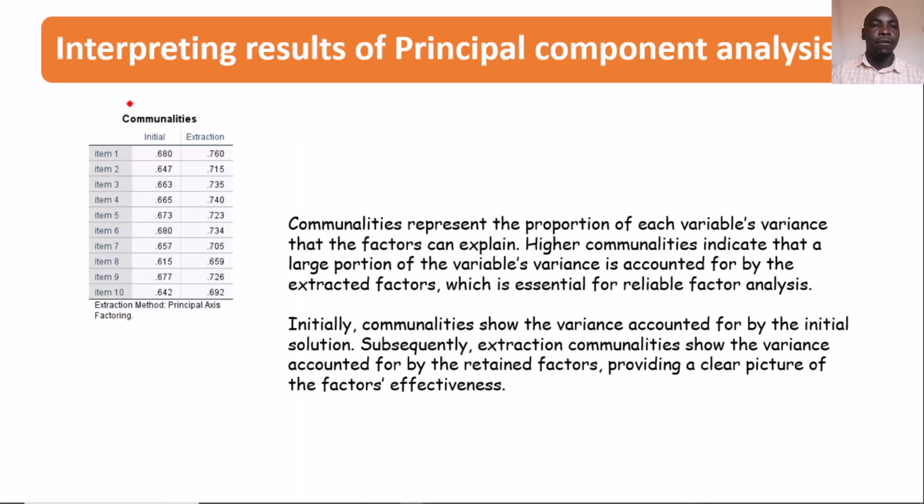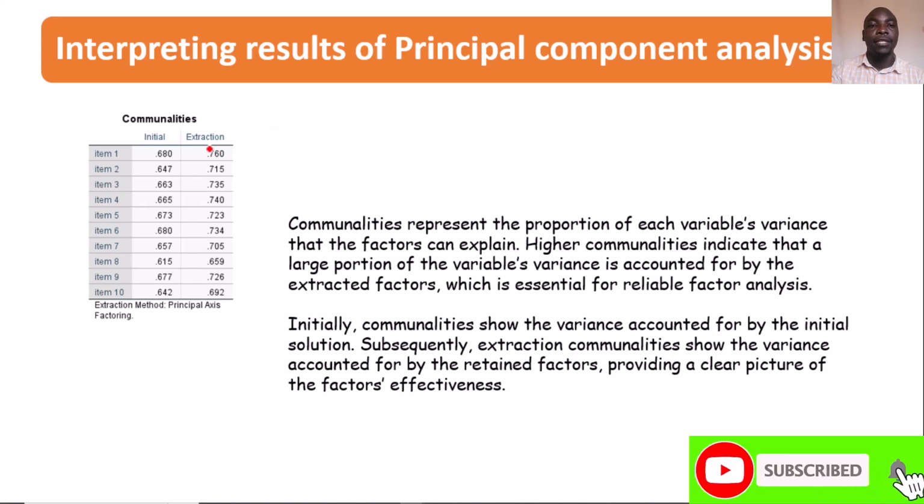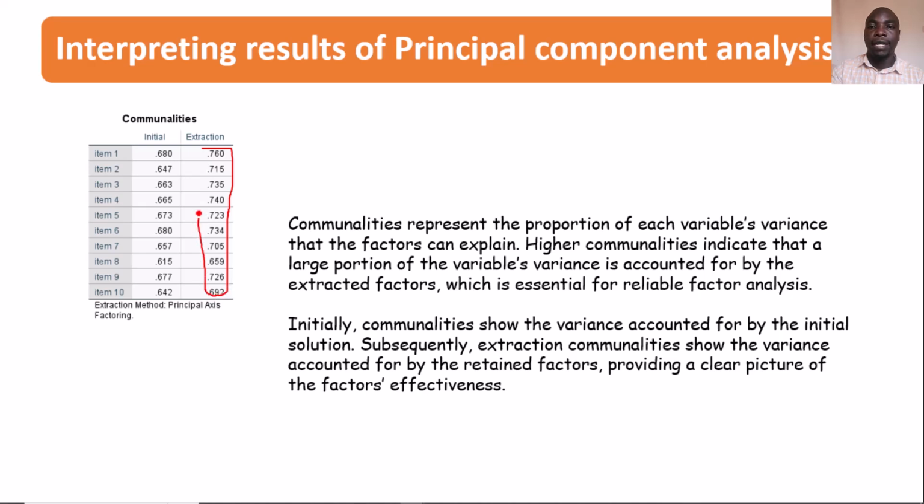We have a table for communalities in our SPSS output, and communalities represent the proportion of each variable's variance that the extracted factors can explain. Higher communalities indicate that a large proportion of the variable's variance is accounted for by the extracted factors, which is essential for reliable factor analysis.